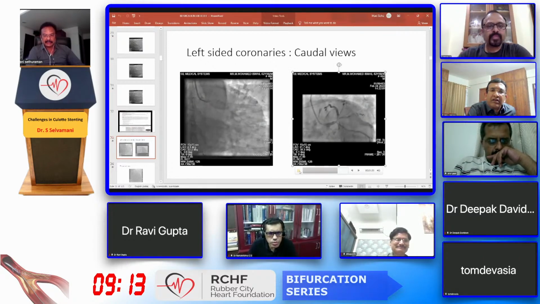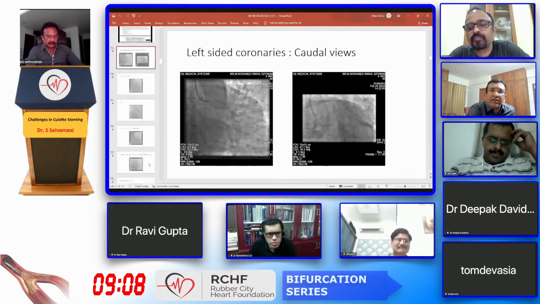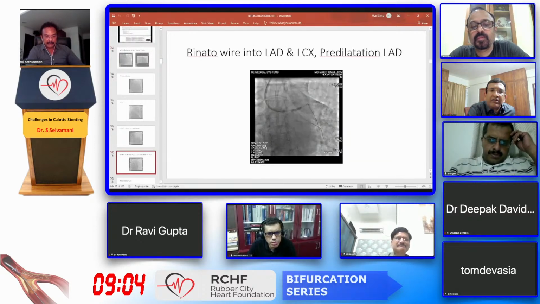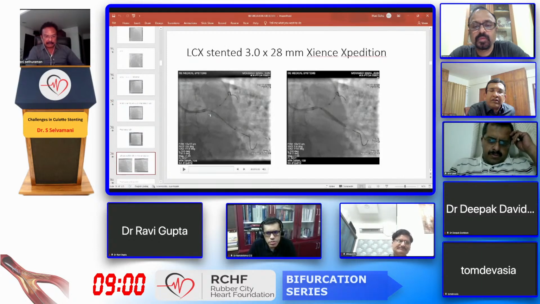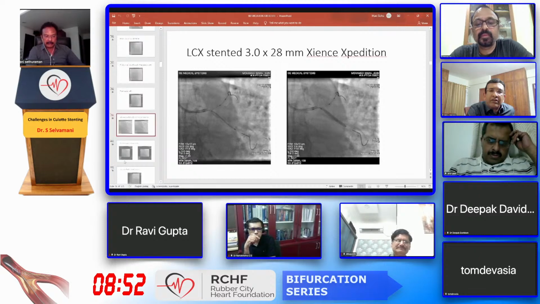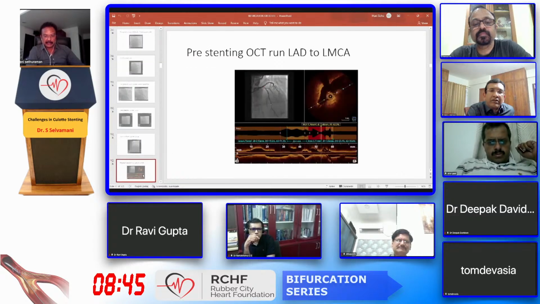So when you see a case like this, what we do here is, initially we dilate both the vessels, and then you keep the first stent in the circumflex like this with slight protrusion and deploy it. Don't crush it, don't do anything. And then you take one more stent into the LAD, dilate there, go to the LAD and then deploy.